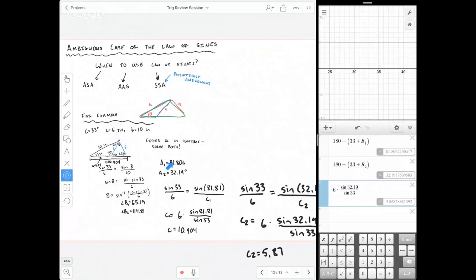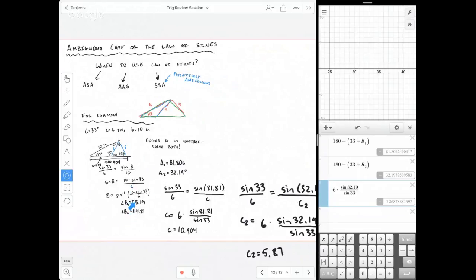Oh no, sorry, 65 and 33, it was possible to have a triangle involving 32. And then again, 114 and 33 both have a triangle, and we would have this angle A, angle B, and angle C, or we could have this angle A, angle B, and angle C. Both of those were possibilities.